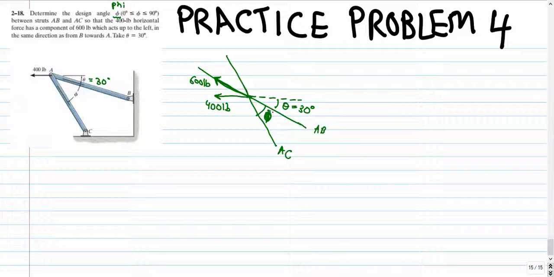So let's start drawing the vector triangle. The first vector that we can draw is the easiest vector, in other words, the horizontal 400-pound force vector.